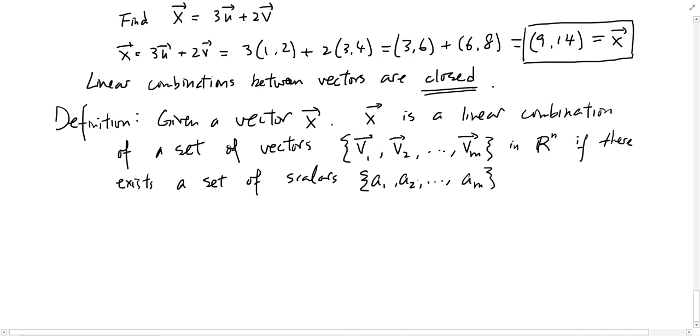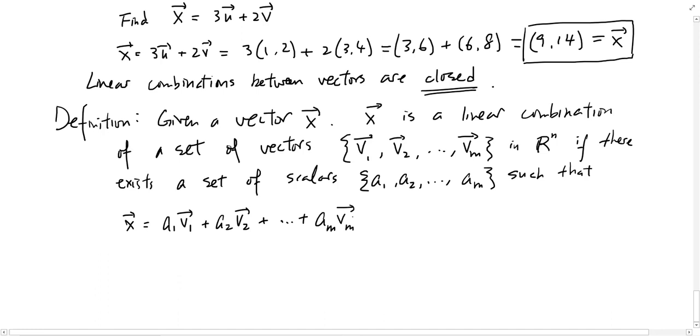Notice that the scalars have no arrows on top, and they match the number of vectors in the set of vectors. A set of scalars such that vector x is equal to a1 vector v1 plus a2 vector v2 plus ... plus am vector vm.